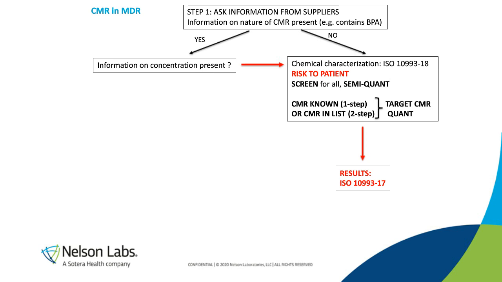Then you evaluate the risk to the patient, which is an important part because then you can start using those results for other types of systemic evaluations like systemic toxicities and carcinogenicities and immunogenicity endpoints. And then you start doing your CMR known list, and then you go into your CMR targeted list if you have them. But any of those compounds, even the CMRs, should then go into a toxicological assessment per -17.